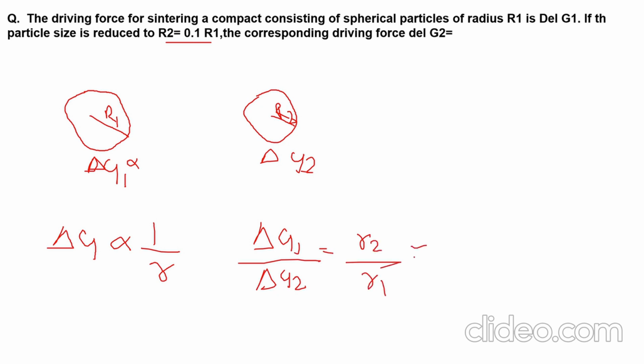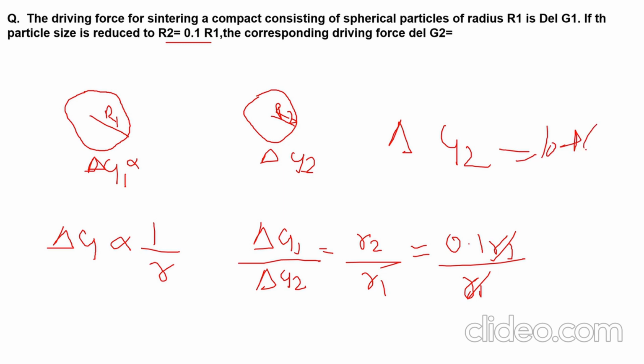R2 will be equal to 0.1 R1, and R1 is as such given as R1. So you can find that your delta G2 is equal to 10 times your delta G1. So this is your final relationship.